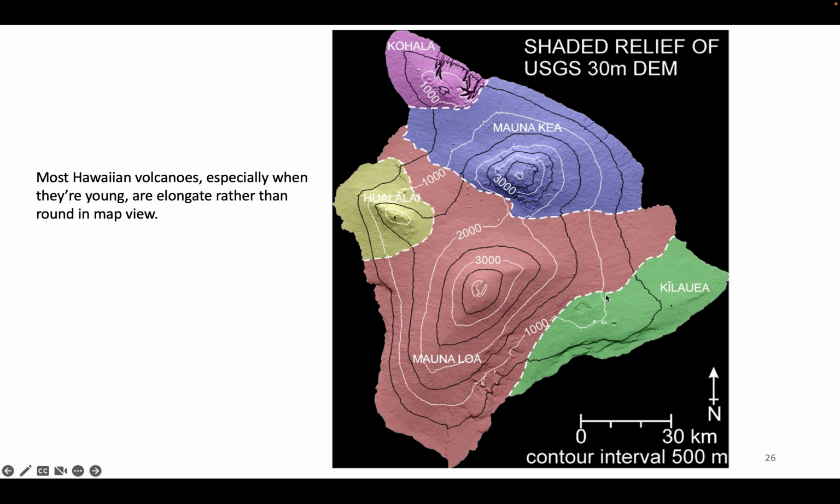And then we have Kilauea, Kohala, and Hualalai. So there's 5 volcanoes in total on Hawaii Island. And as we mentioned before, their shapes are elongate rather than round in map view. And map view, you're just looking from above onto the surface of these volcanoes on Hawaii Island.